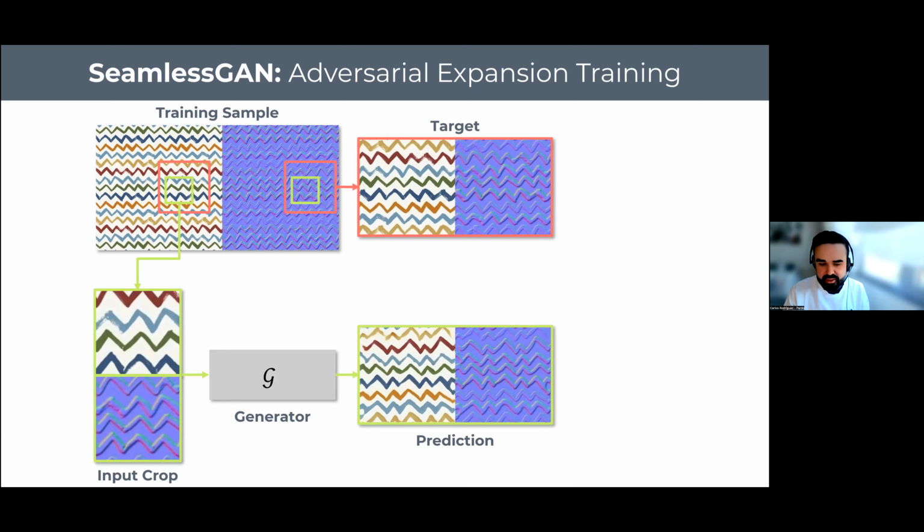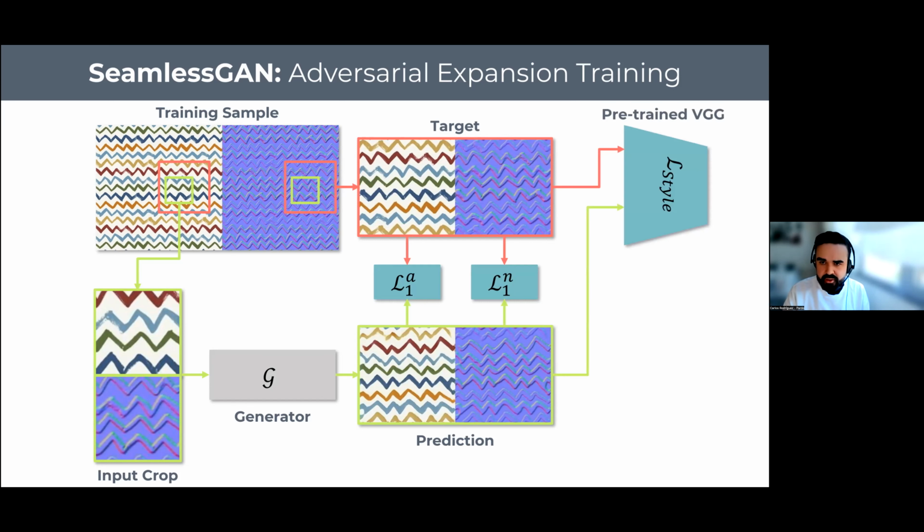We compare the target with the prediction by a combination of loss functions. We have pixel-wise norms, which are typical, comparing each pixel with each other. We also have a pre-trained VGG network that allows us to provide a style loss based on style transfer.